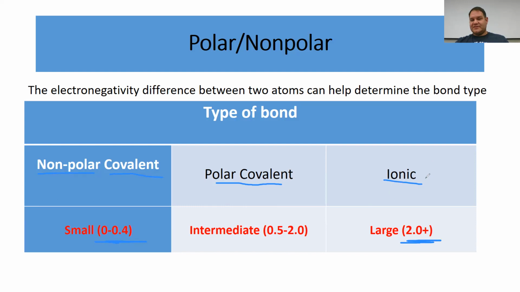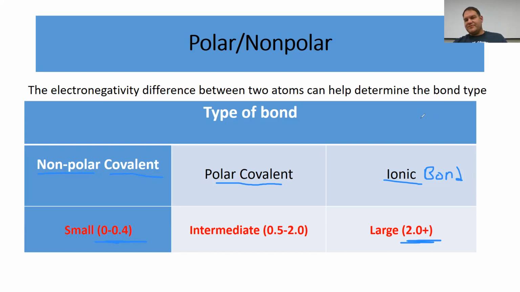We can call this ionic in character. Okay, so there are some numerical values, and you might want to actually memorize those values because they're not going to be given to you for the test. So just think: between 0 and 0.4, it's going to be nonpolar. 0.5 to 2.0 is polar covalent, and above 2.0 is going to be ionic in character.